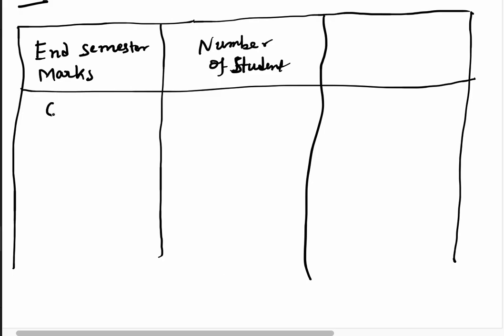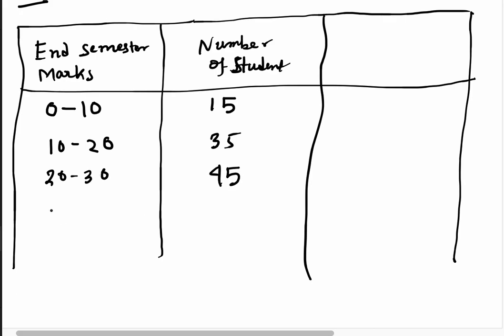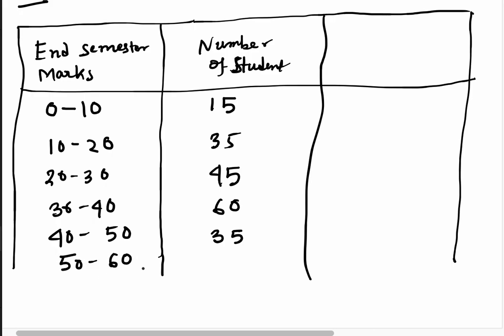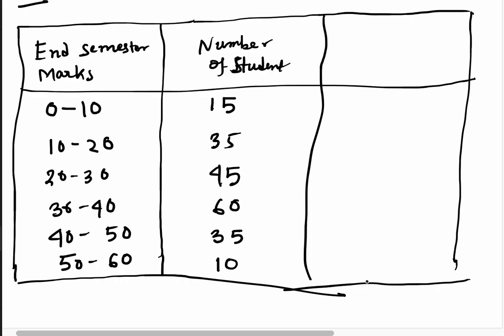It has been given that for 0 to 10 marks, there are 15 students. Then 10 to 20 marks, 35 of them. 20 to 30 marks, 45 of them. 30 to 40 marks, 60 students. 40 to 50 marks, 35 of them, and 50 to 60 marks, 10 of them. That's all.